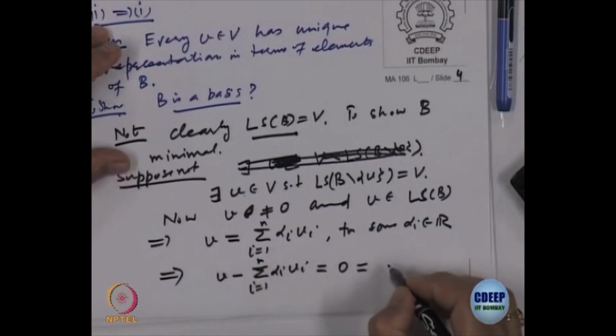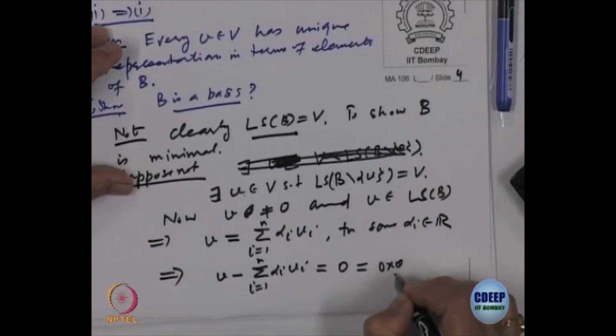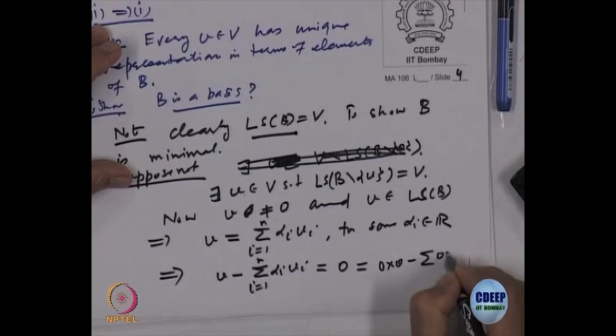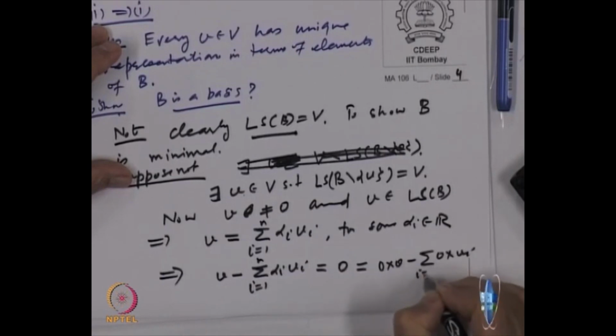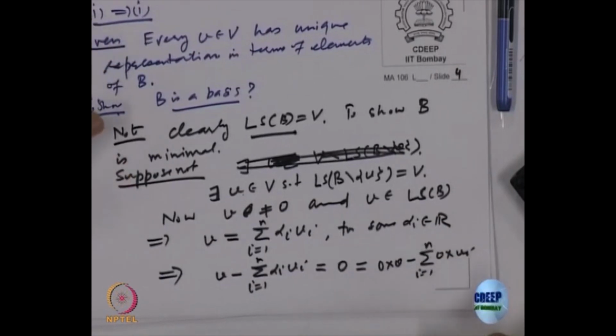But what is 0 also equal to? It is 0 times V 1 plus, up to, 0 times V n, right. I can write 0 as a linear combination of anything by putting all scalars 0.